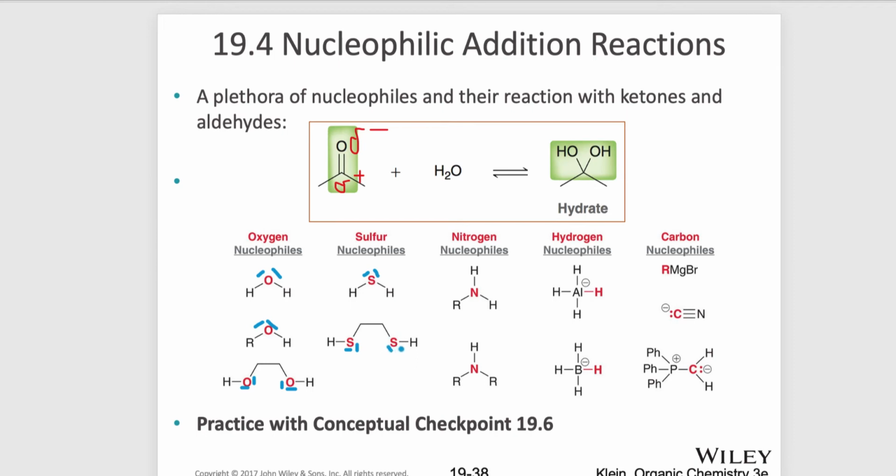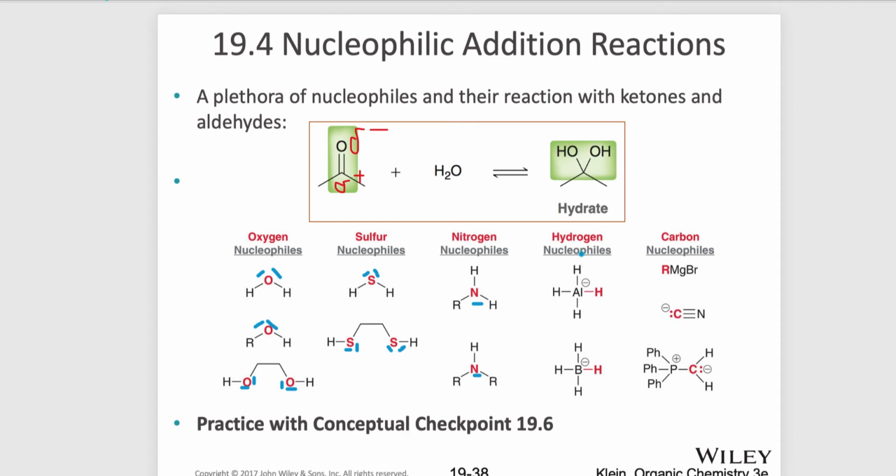As I'm filling this in, these are common bonding patterns, and these electrons do play a role in the reactivity of all the molecules. So nitrogen, we have one electron pair. This one is a primary amine. There's only one alkyl group. This one is a secondary amine. There are two alkyl groups. This is going to play an important role in the next segment.